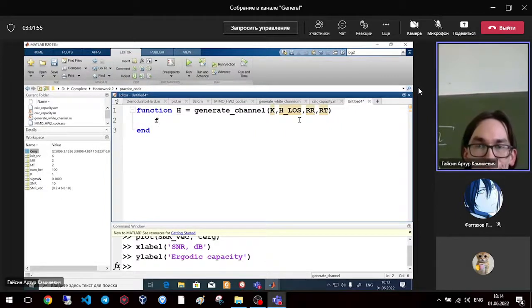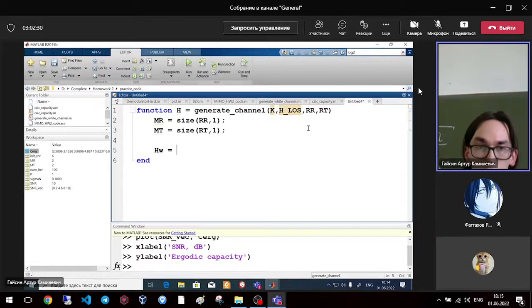And here, if you want, you can add here also a number of receive antennas and number of transmit antennas. But for example, you can get it from the size of the receive antenna, and the same thing for the transmit antenna, for example.